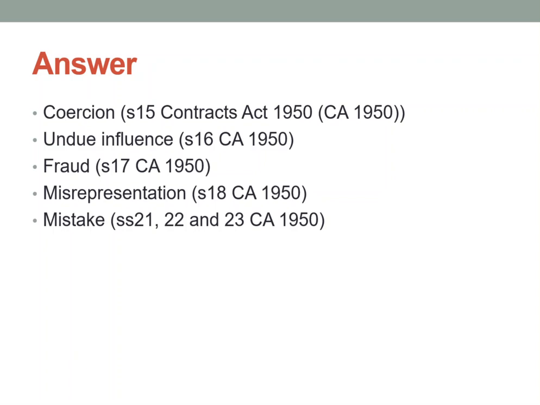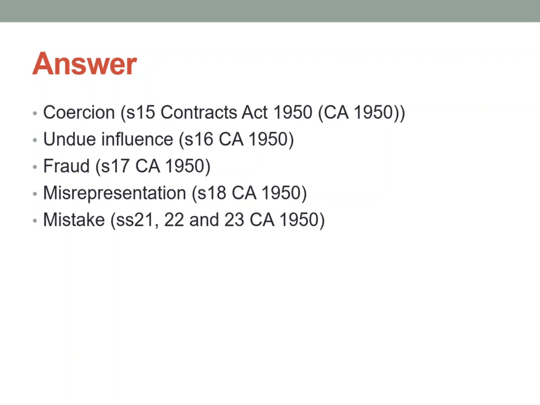You can choose any 2 and briefly explain in about half a page. Your answer should be about half a page. So there are 5 situations where there is no free consent.